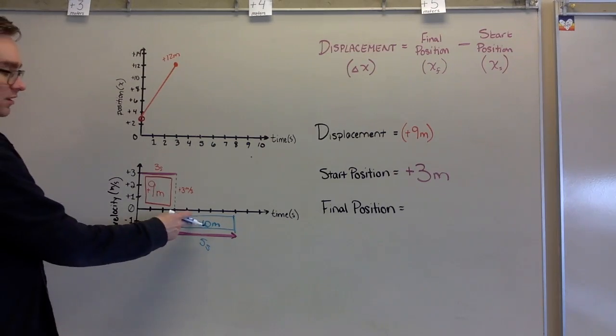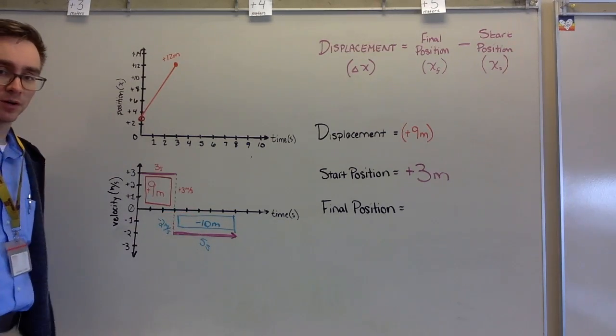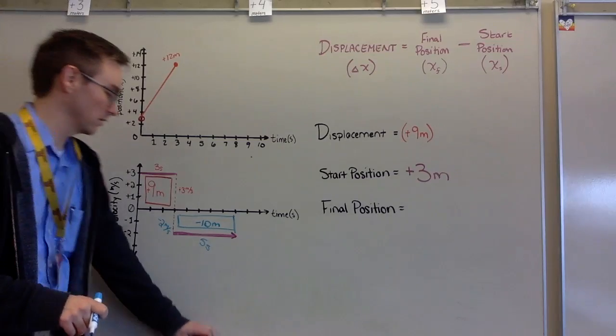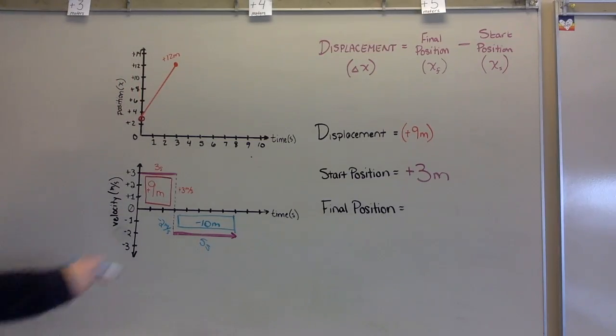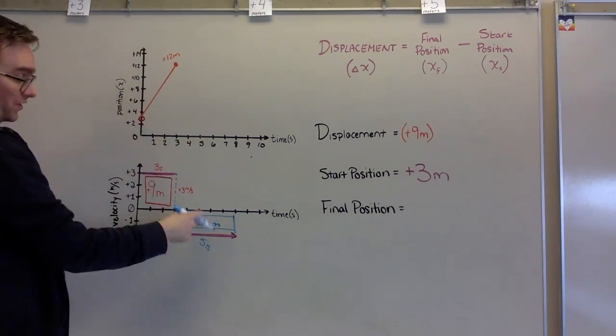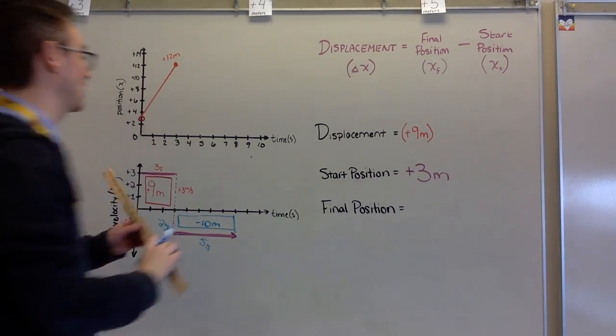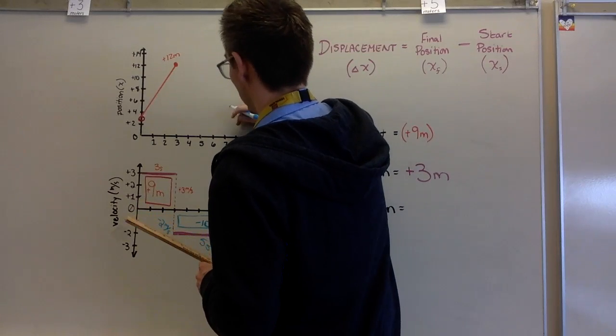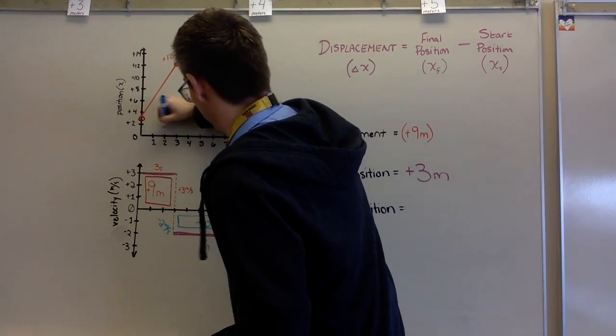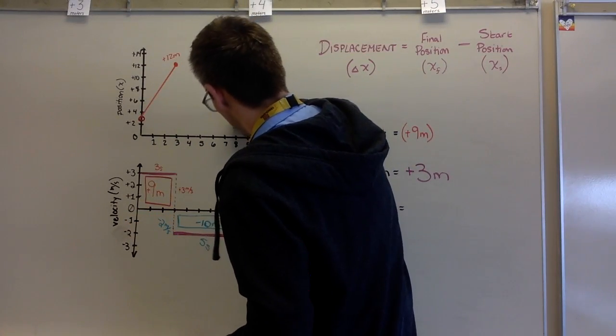So in this case here, during this part right here, the blue part, I went negative 10 meters, or 10 meters in the negative direction. So if I'm starting for this part at positive 12 meters, I go 10 meters in the negative direction all the way to 8. That's going to put me down to positive 2 position.